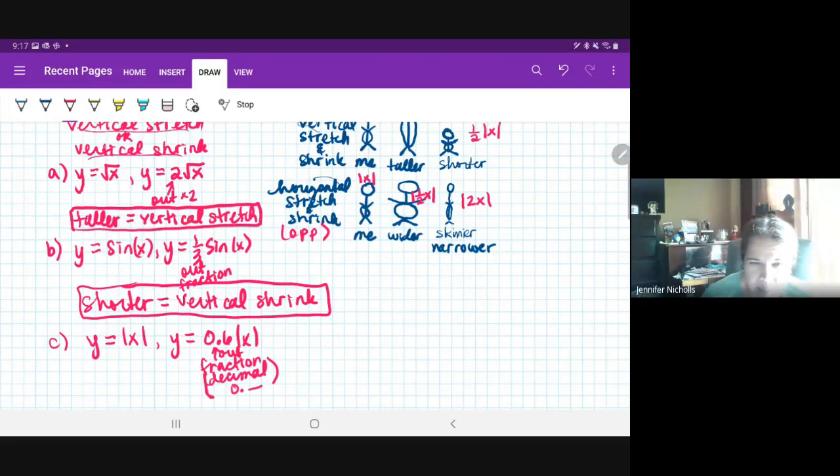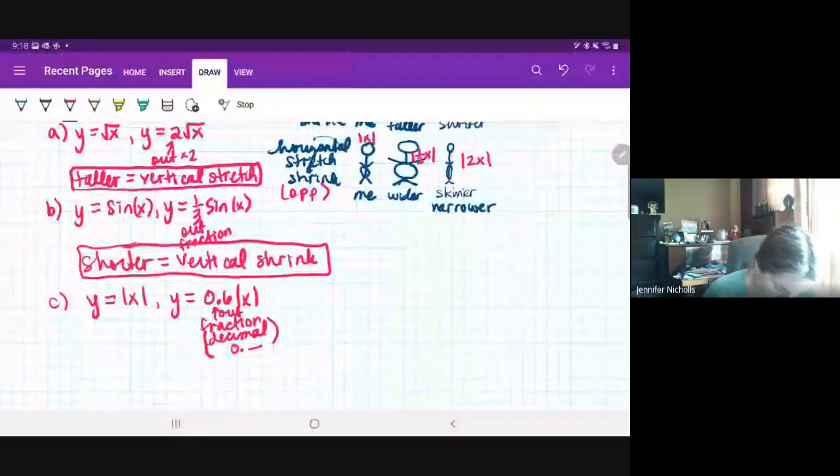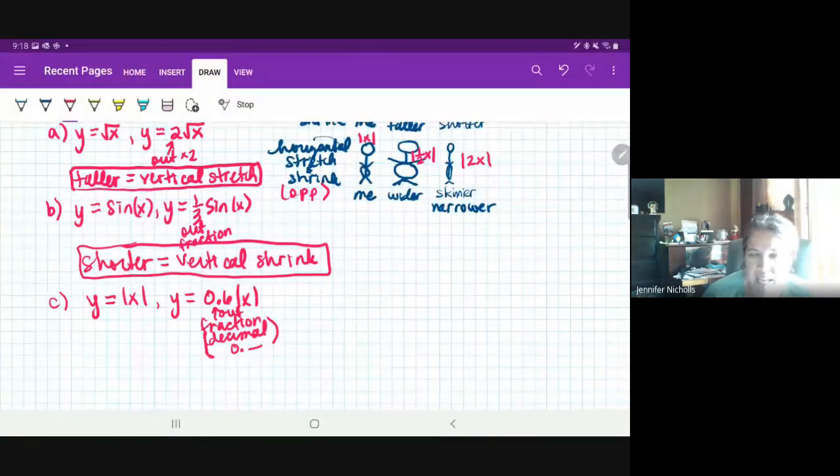Okay, but 0 point something would be a what? So what's the official word for our brains? Because vertical shrink and vertical stretch don't mean anything to your brains at this point. So I agree, it's a vertical shrink, but what's its other word? What's its word that makes more sense to us?